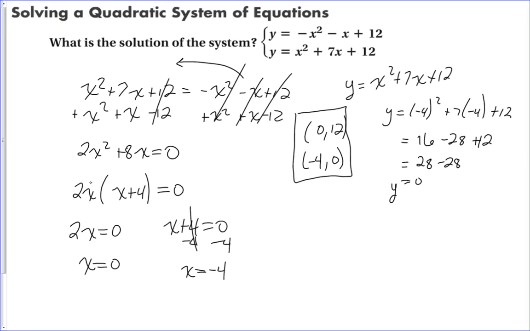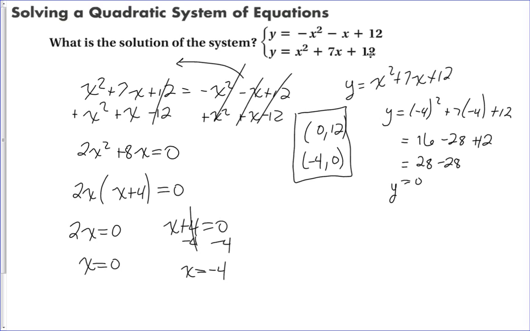You can factor out a 2x to get 2x times x plus 4 equals 0. Set each factor equal to 0 and solve for x. Then we came back up here, picked the equation we thought was the simplest, and plugged in each x value to get its corresponding y value. So solving by substitution, that is all there is to it.